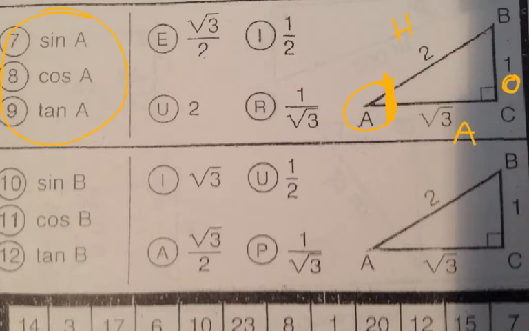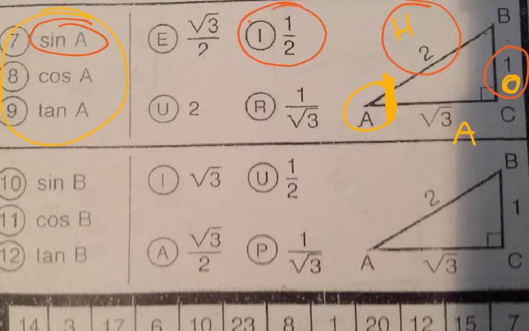If you agree you know what opposite, adjacent, and hypotenuse mean, the only thing you have to do now is put it together with Sohcahtoa. Follow the red. If I'm doing the sine of A, I know sine of A is opposite over hypotenuse: 1 over 2. Follow the blue.